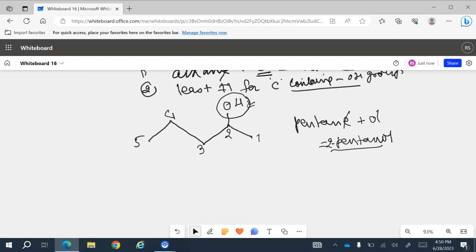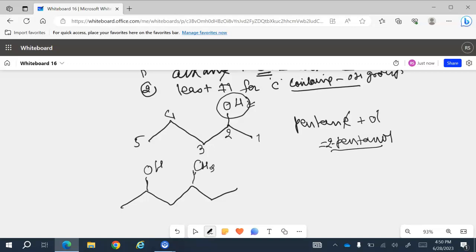Now, if there are any substituents in the alcohol, then we give the priority to the OH group, and then we name accordingly. For example, say here is the OH group, and suppose here is the CH3 or methyl group.